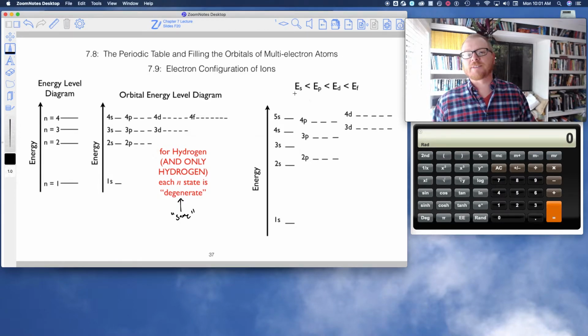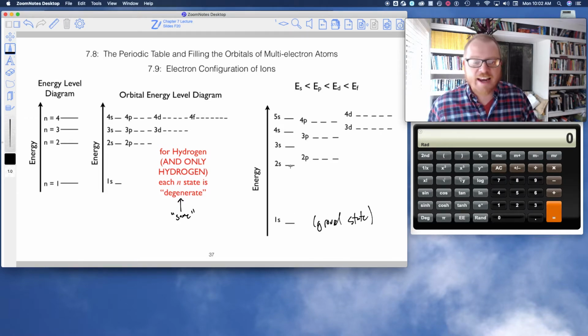And this order becomes S is less than P, which is less than D, which is less than F. So now in these levels, going up in energy gives us the correct order. We start at 1s, and remember, we still call this the ground state, or the ground level, okay?